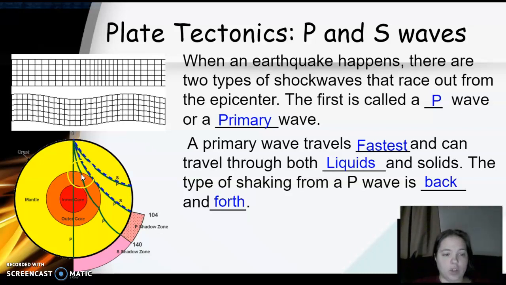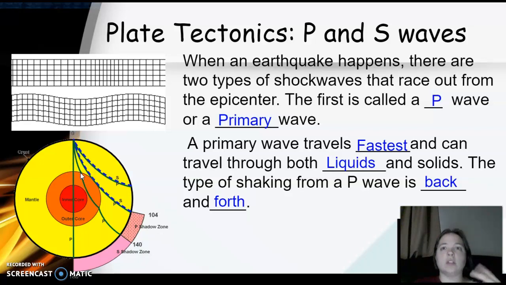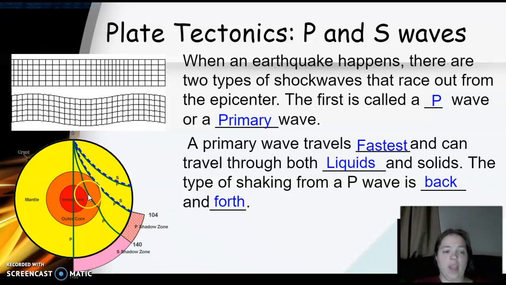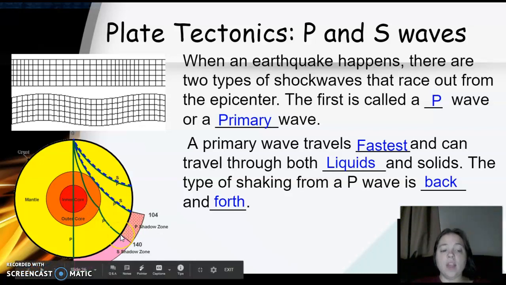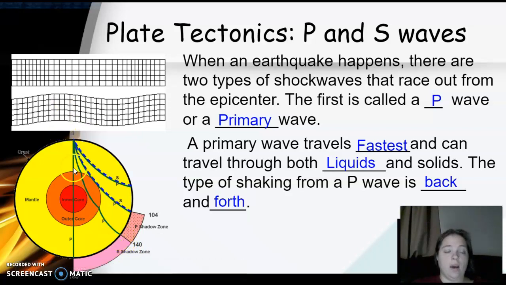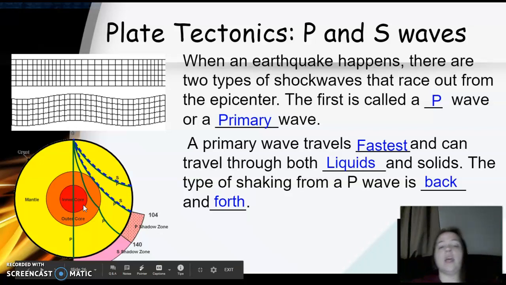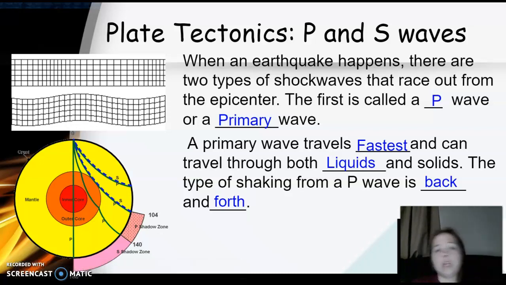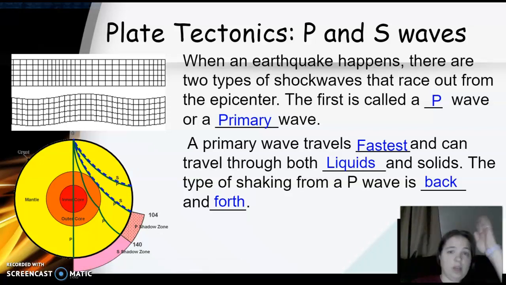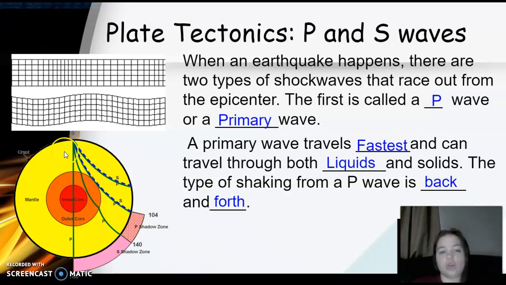So right here, you have this curve, and once it hits this, because it hits a liquid, it deflects a little bit and it curves again, and then it curves down here, and then you can read the P wave right there on the other side of the world. And then right down below, it can go straight down through. So P waves can hit everything. It can go through solids, liquids. It's awesome. Well, not awesome, but more destructive.